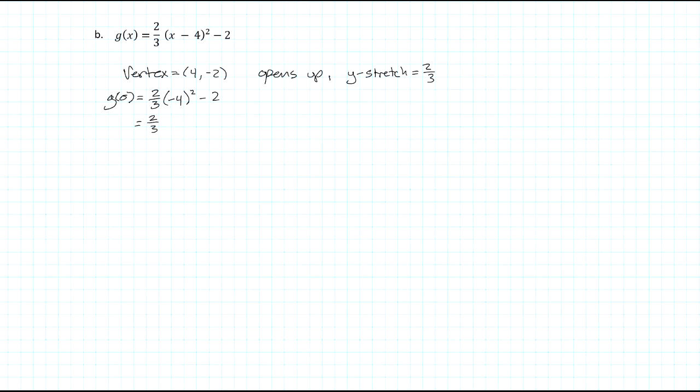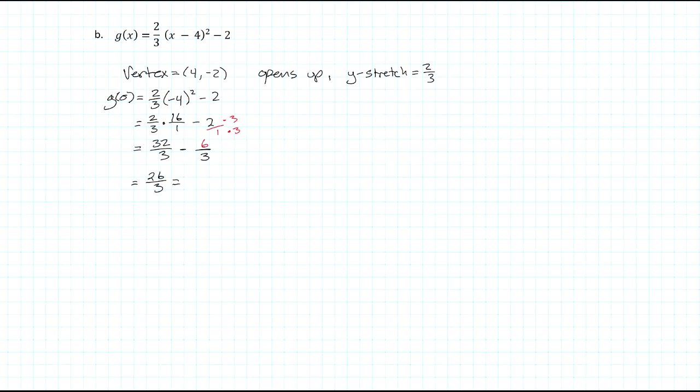This will be 2/3 times, this is a 16 over 1, and then minus 2. This is going to be 32 over 3 minus, I want a common denominator, which has to be a 3. So if that's a 2 over 1, I'll multiply top and bottom by 3 to get a 6 over 3 there. 32 over 3 minus 6/3 is going to give us 26 over 3.